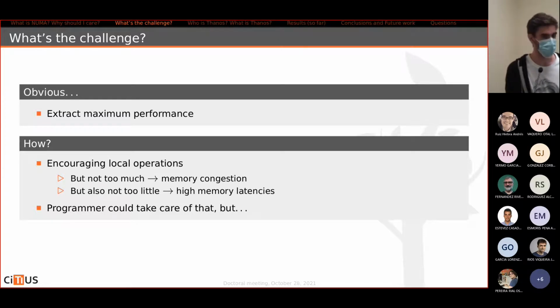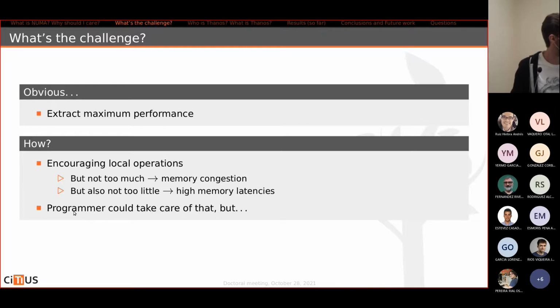So we should encourage local operations, but if we do it too much, we could cause what is known as memory congestion. On the other hand, if we are not encouraging local operations enough, we suffer from very high penalties because of the remote operations we mentioned before.